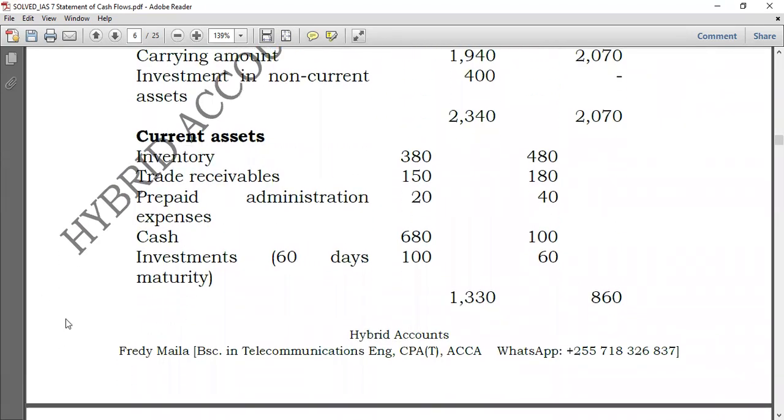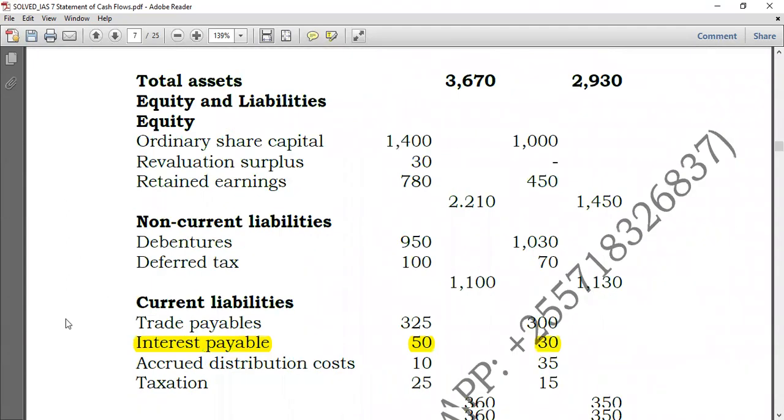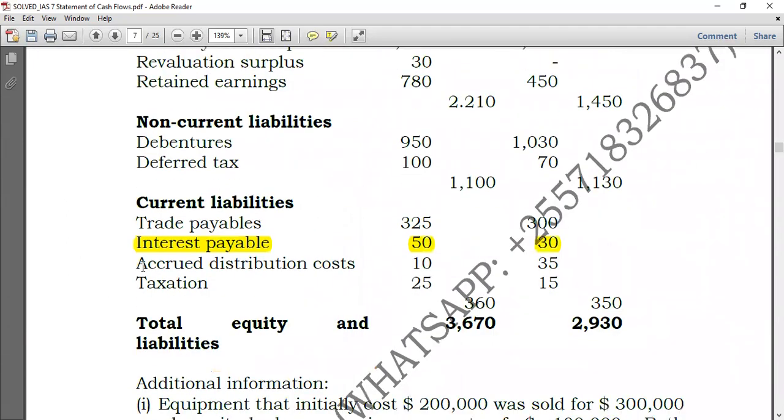I don't need it. And if you come down here to liabilities, you would find the term accrued distribution cost. I hope you see this. This is simply a current liability. So you find that I opened with 35 and I closed with 10. So there has been a decrease in current liabilities.